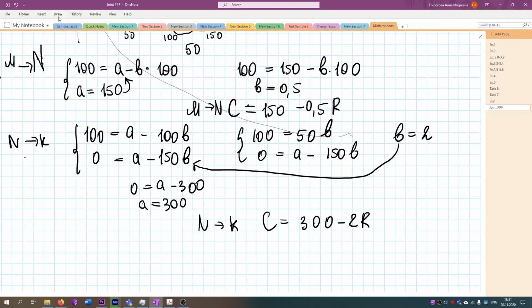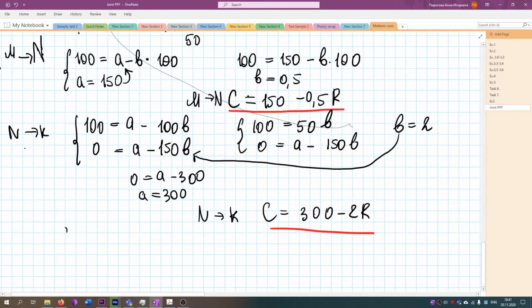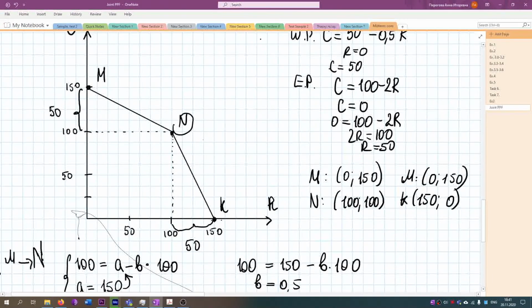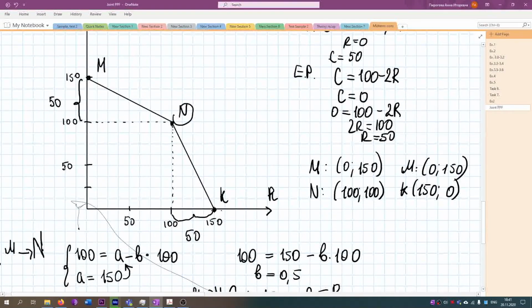So once again we received this equation and this one, and now we need to write a system of equations. So firstly we need to take a look where our line from M to N will end.